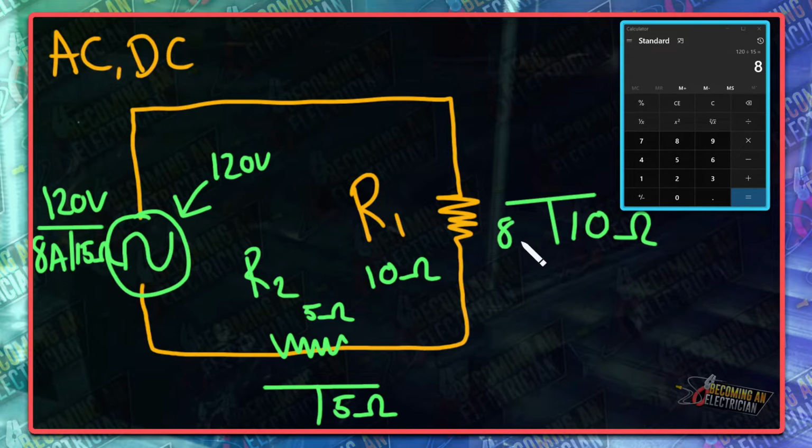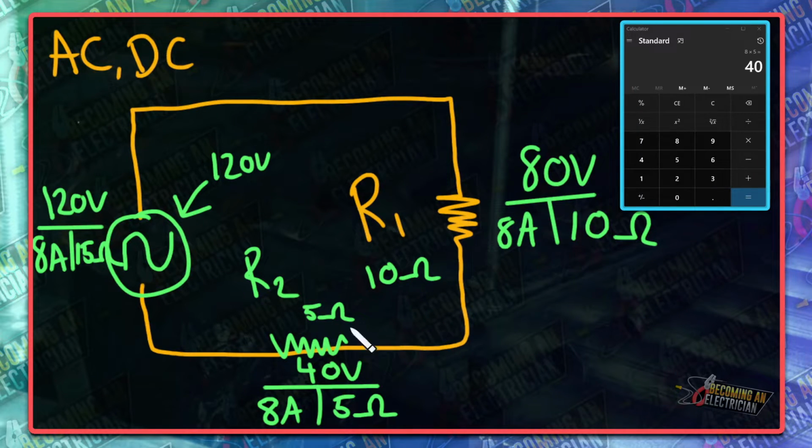So 8 amps is here. 8 amps is also here. So that's 80 volts. And this here, so 8 amps times 5 ohms is 40 volts. And what's 80 plus 40? 120. Boom. Okay? So whenever you draw your triangles, it is so easy.